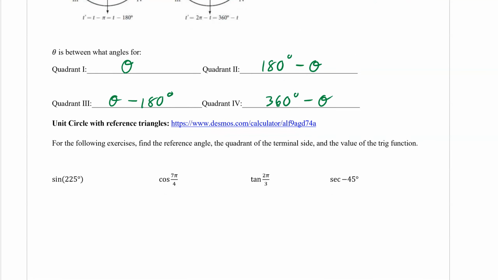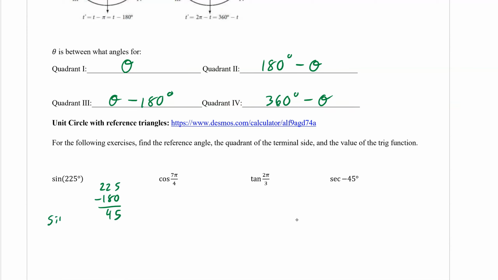So if you had 225, we know that that is in quadrant 3. So if we do 225 minus 180, that would give us 45. So this is really sine of 45 degrees, and then you just have to think about the sign. In quadrant 3, we know that sine is negative, which means you would just put a negative in front.